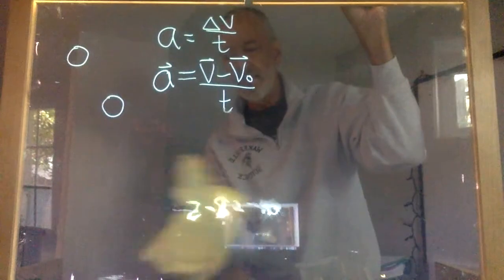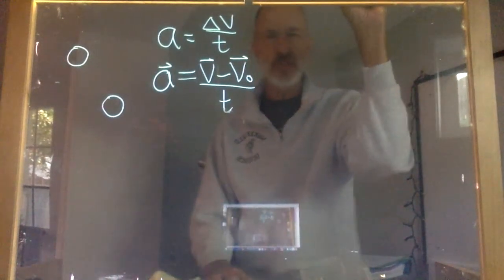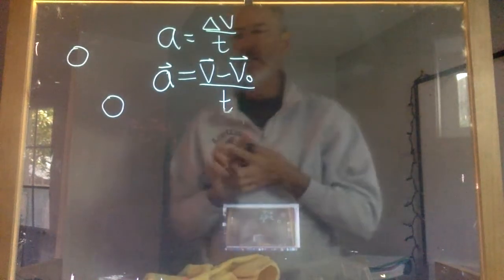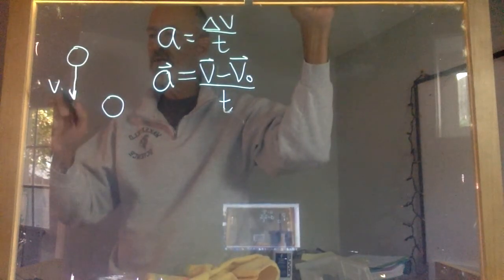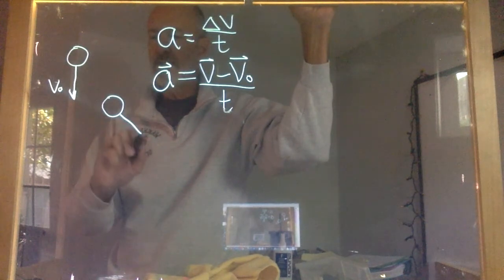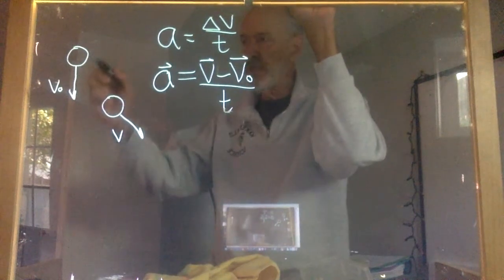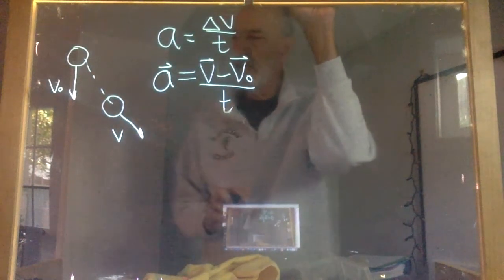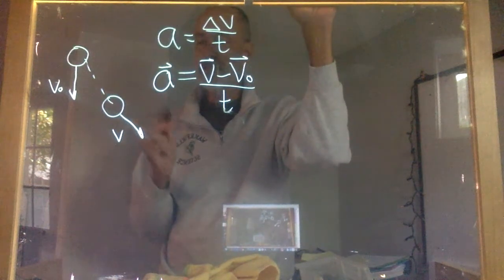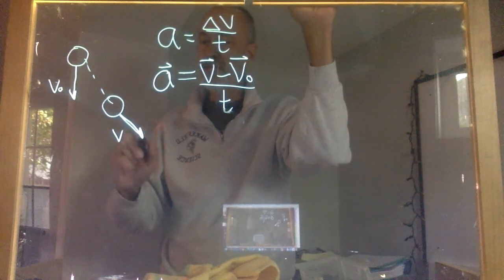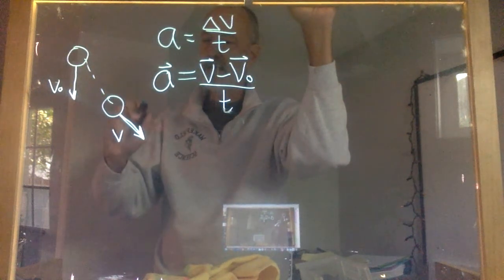The problem is when something turns, the direction of the force changes. If this is my V0 and this is my V final, it's turned, it's done this kind of thing. If we look at V minus V0 with vector addition, here's my V. Remember, subtracting, you're adding the negative of that.